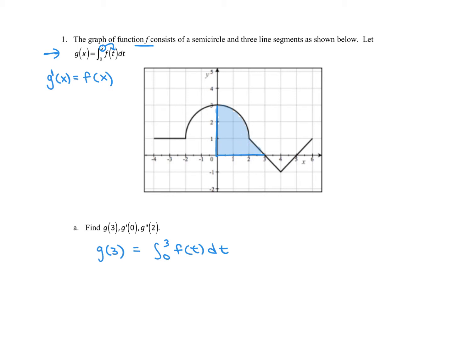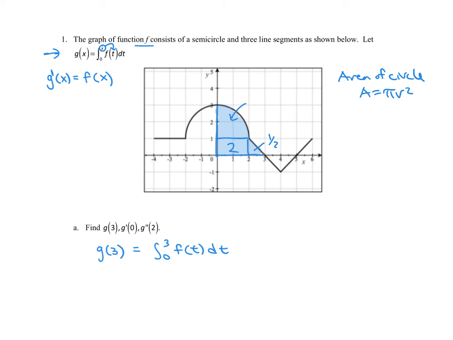To do that, we're going to break this figure up into some familiar geometric shapes. It looks like 1/4 of a circle, a little rectangle, and a little triangle. The rectangle is 2 units. The triangle is half of a unit. And for that part of the circle, well, the area of a circle is pi r squared. But since this is 1/4 of a circle, I'm going to do pi r squared divided by 4.